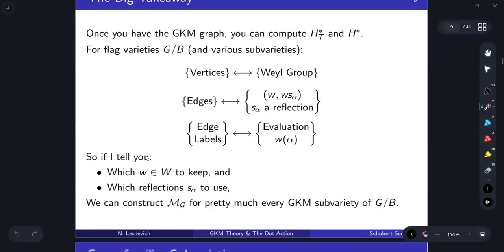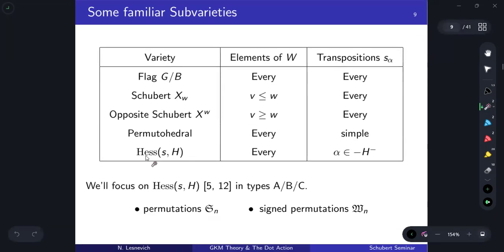Cool. So what does this look like for some familiar objects, right? If I want to build this up for the full flag variety, I'm going to need every single element of my Weyl group, and I'm going to want to be able to right multiply by every single transposition. That'll build out my graph for the full flag variety.